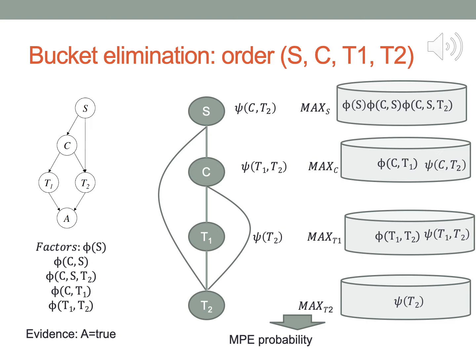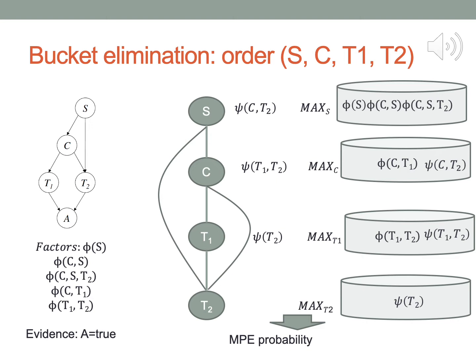After we have populated the buckets, we process the buckets from the first variable in the order to the last. So on the slide, we will go from top to bottom. To process a bucket, we multiply all functions in the bucket and max out the variable associated with the bucket. This will yield a function that is defined over all the non-bucket variables.